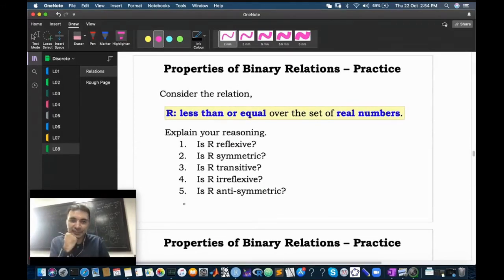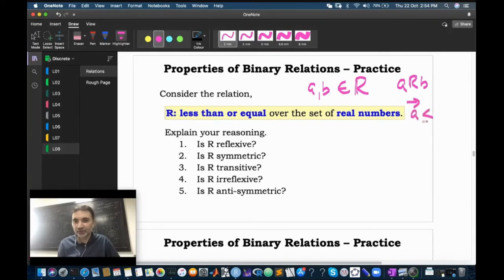Here is the relation. The relation says that it's a less than or equal to relation on the set of real numbers. Okay. What it means is that for two numbers A and B in the set of reals, I say that A is related to B whenever A is less than or equal to B. Okay, this is what it says, that R is a less than or equal to relation on the set of real numbers.